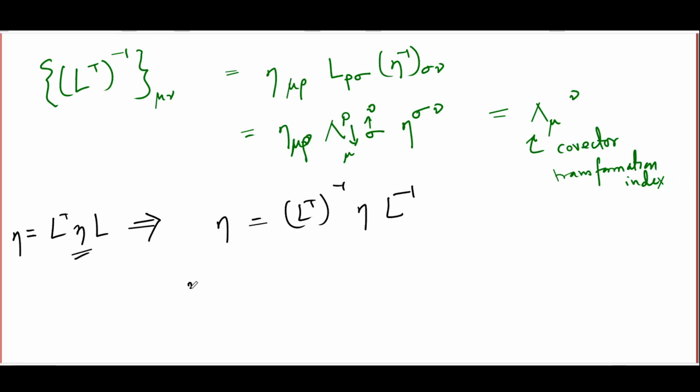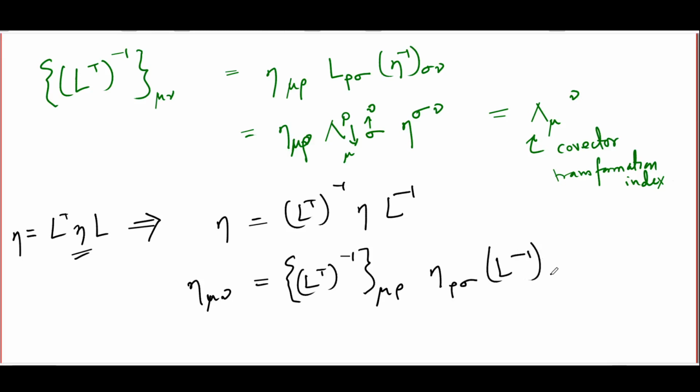Now, if you wrote this in terms of components, you will get η_{μν}, the μν-th element, is (L^T)^{-1}'s μρ-th element, η's ρσ-th element, followed by L^{-1}'s σν-th element. Note that (L^T)^{-1}'s μρ-th element is actually lambda lower μ upper ρ. L^{-1}'s σν-th element is (L^T)^{-1}'s νσ-th element. So this is lambda ν σ η_{ρσ}.